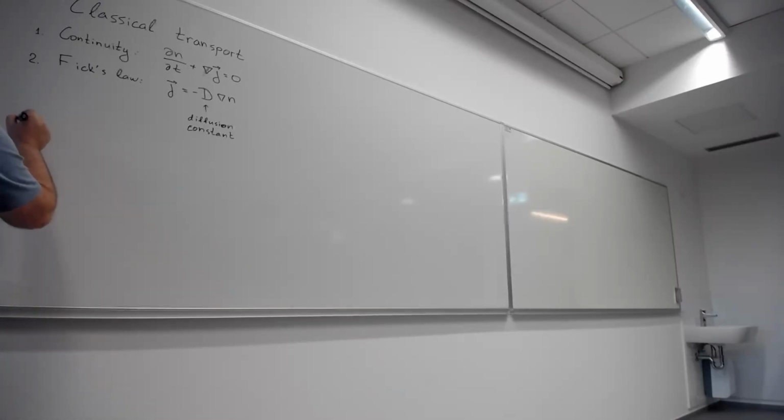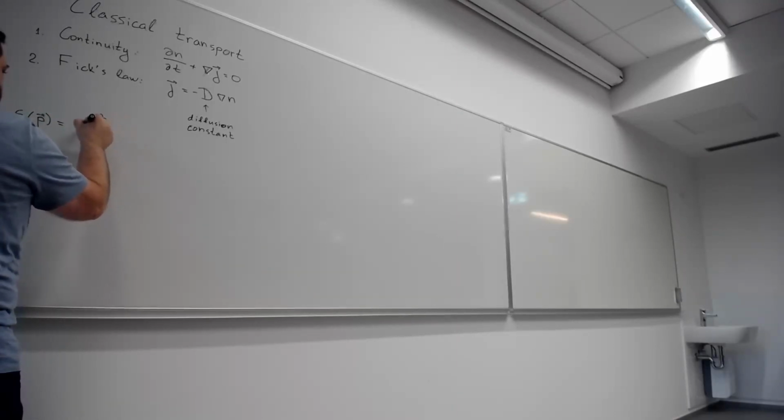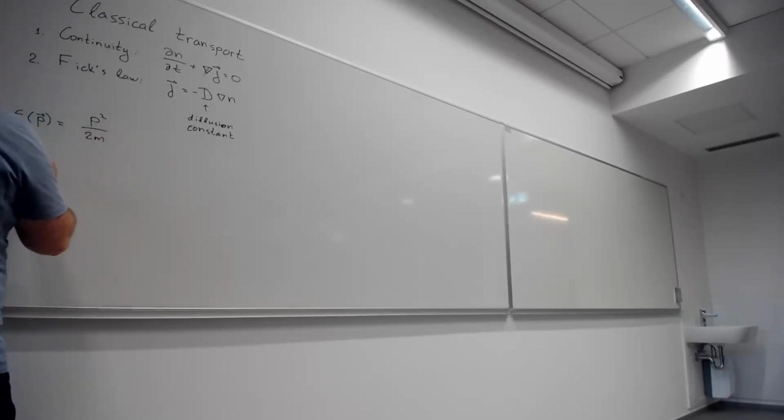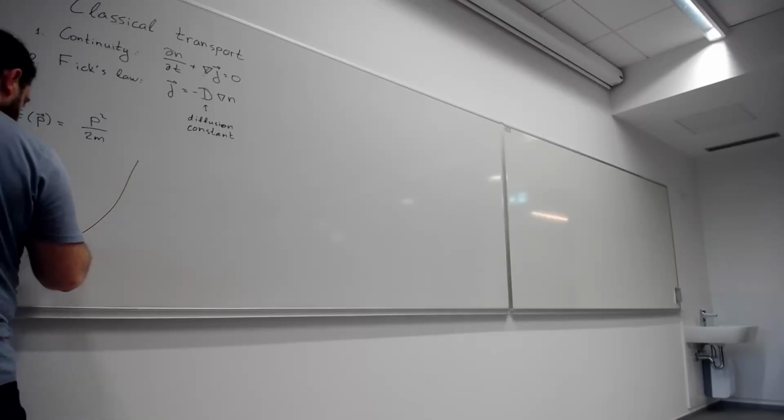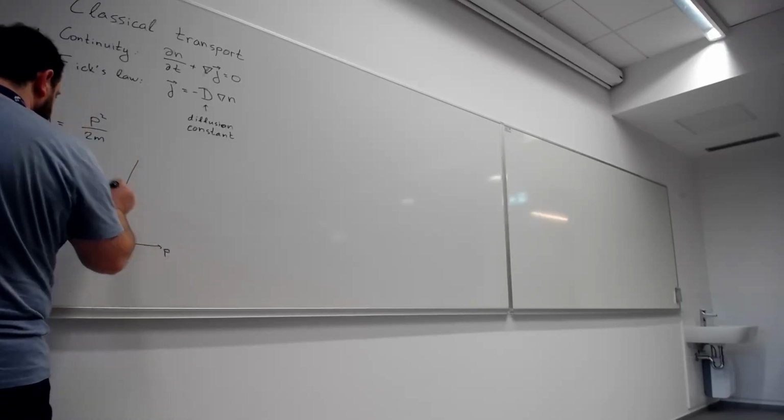Free electrons are characterized by what is called the dispersion relation. So they have energy as a function of momentum, which is something like p squared over 2m. And this is a plot. We have momentum, we have energy.